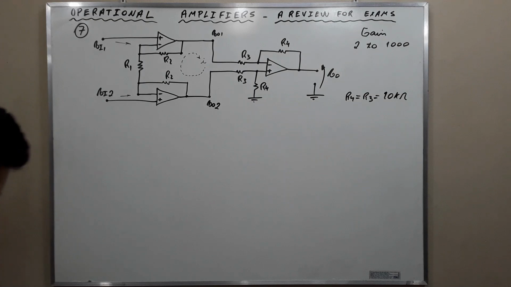Secondly, we are faced with the problem of designing the first stage to realize a gain between 2 and 1000. To accomplish this, we shall replace resistor R1 by the series combination between R1F and R1V, in which R1F is fixed and R1V is variable.